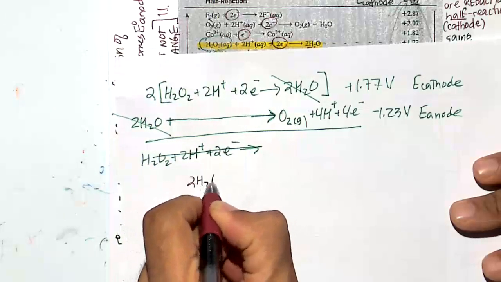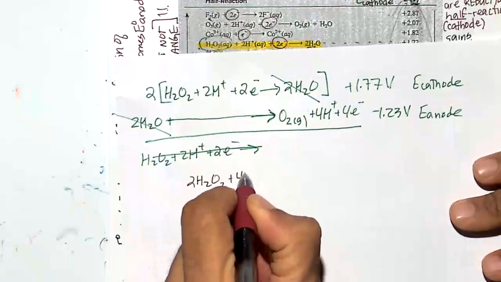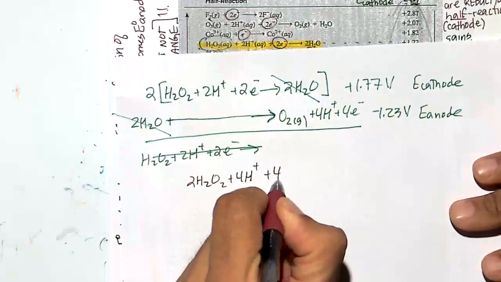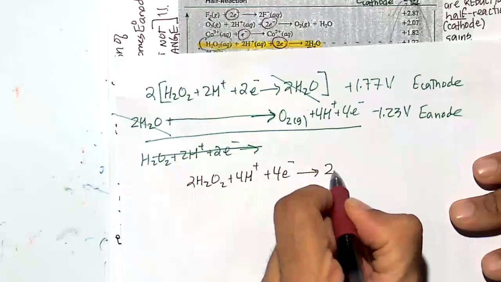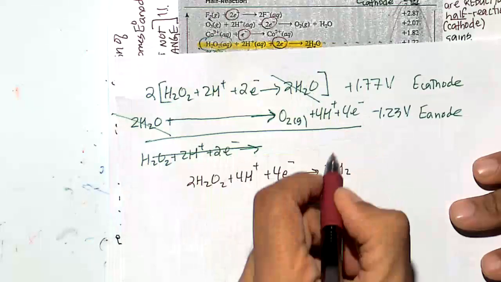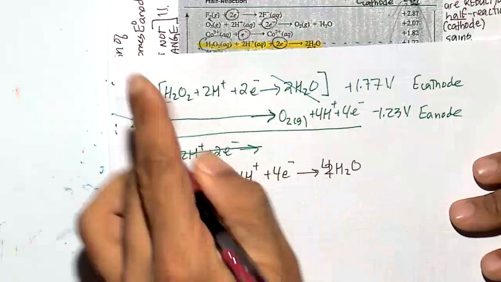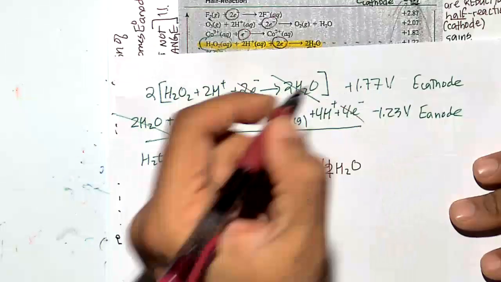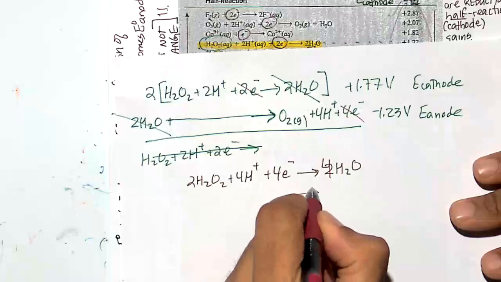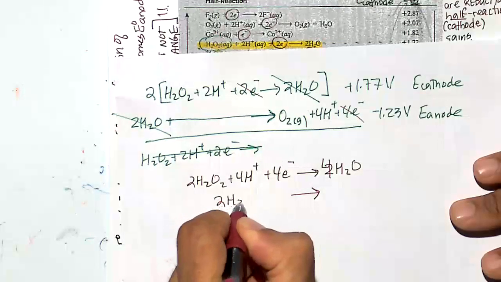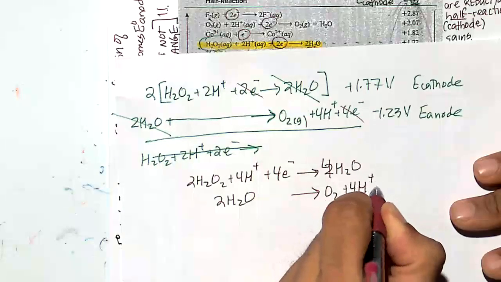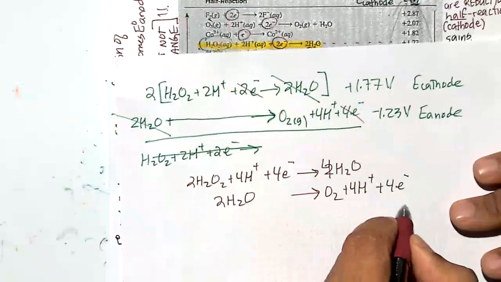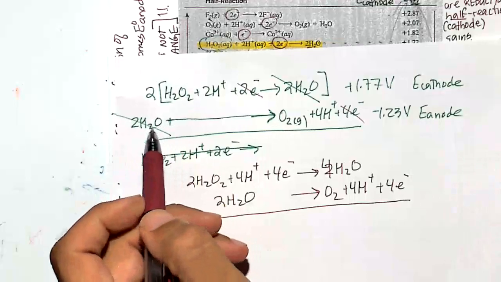Then this will give me 2H2O plus 4H plus 4 electrons goes to 4 waters. I'm just canceling out these electrons here. And then this I'll leave as 2H2O, O2 plus 4H plus 4E minus.